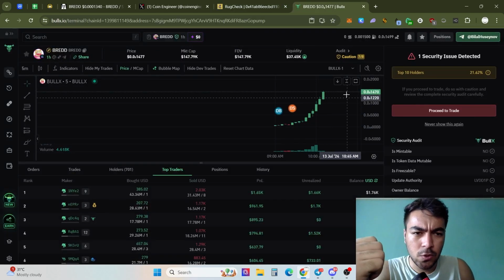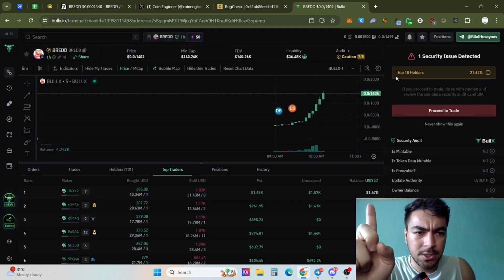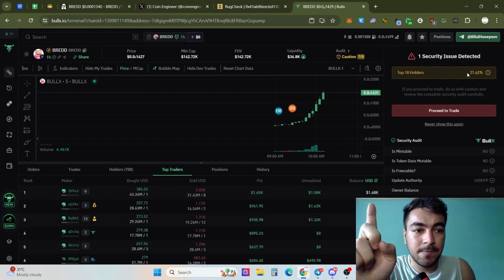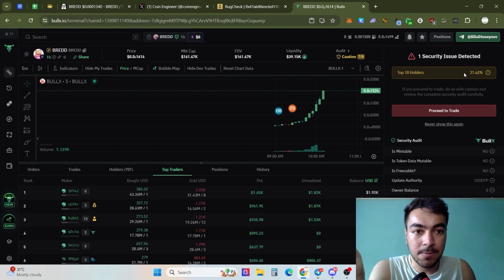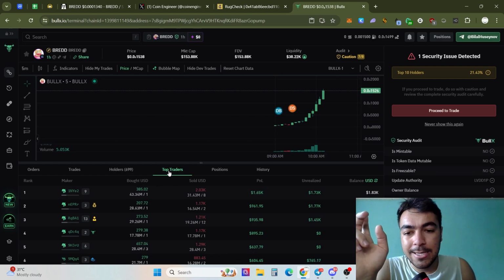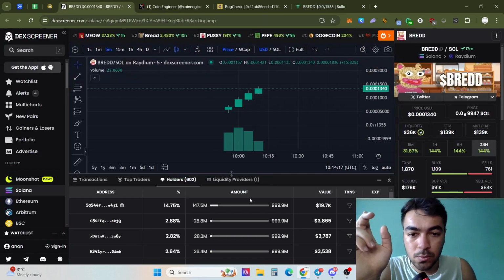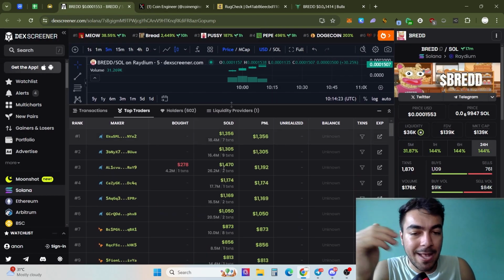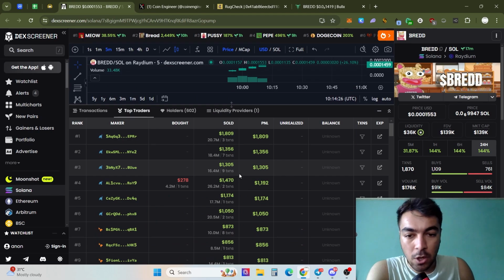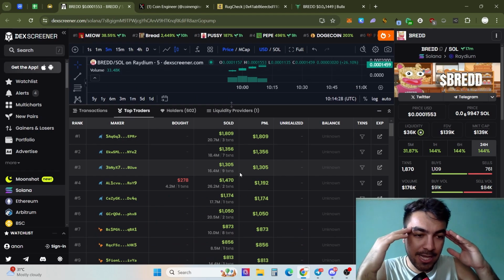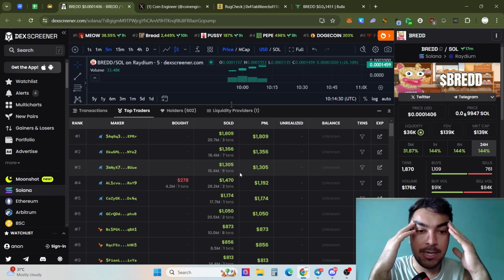Everything is good, just one caution: the top 10 holders keep 22% of total supply, and liquidity is so good. Fully diluted value is good, market cap as well, and price is not so bad. I can take a look at top traders, which ones have already sold and which ones have not spent any amount to buy this token. Yes, after that you can decide.